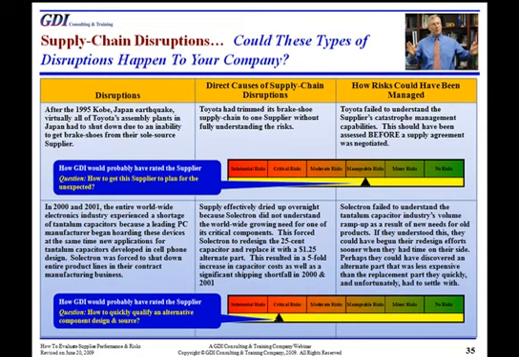This forced them to redesign the products they were making for their clients. They took a capacitor that was 25 cents and had to replace it with the next best item, which was $1.25, a five-fold increase in that component's cost. Selectron failed to understand the capacitor industry's worldwide volume ramp-up.